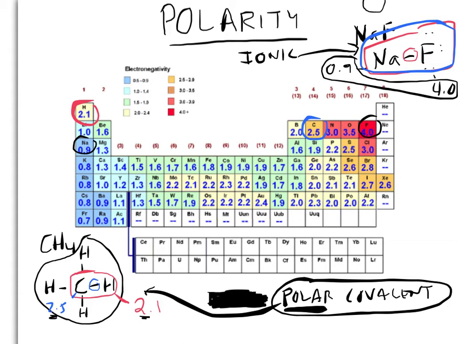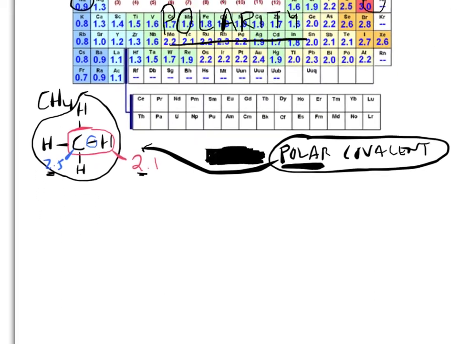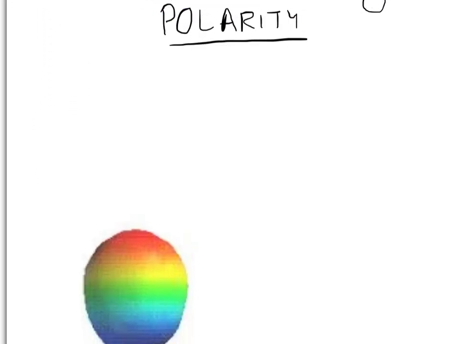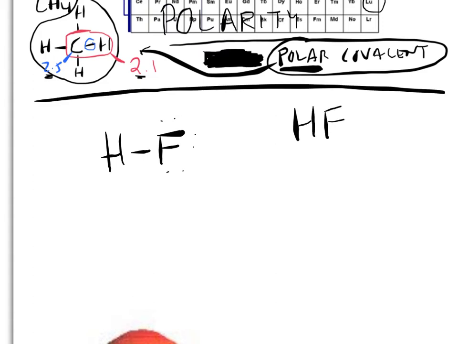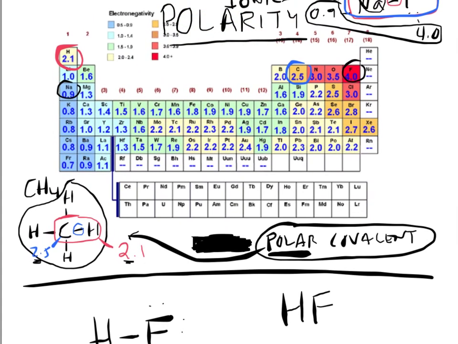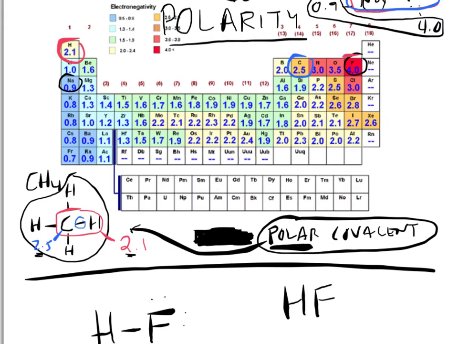Okay. So how can we represent this? Well, if we take a compound like HF, hydrofluoric acid, we drew the Lewis structure for HF, all right? We now know that according to electronegativities, if we find fluorine, the electronegativity is 4.0.